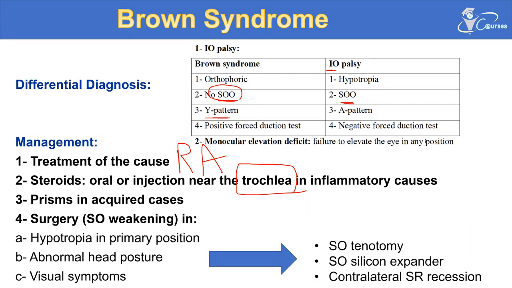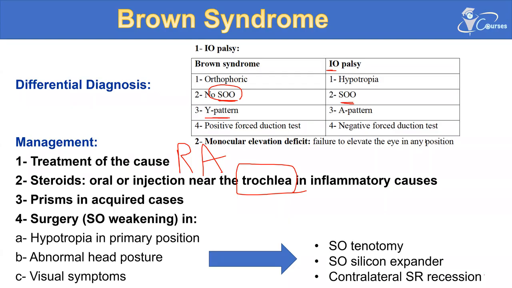The procedures that can be done to weaken the superior oblique muscle: we can do splitting of the tendon of the superior oblique, or what's called superior oblique tenotomy, or we can do a superior oblique silicone expander. If there is a short superior oblique, we can do a silicone expander, or we can weaken the contralateral muscle, which is the superior rectus.